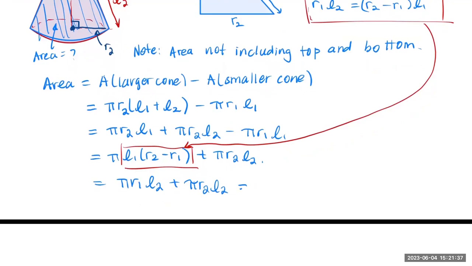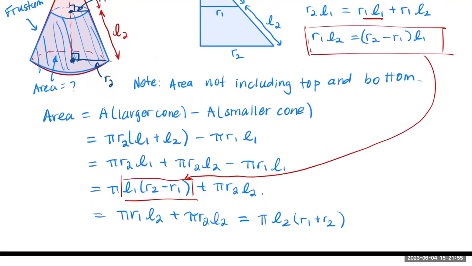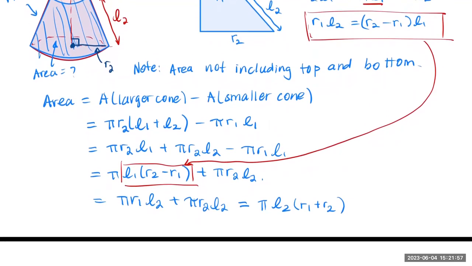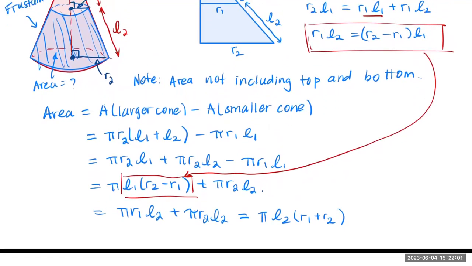And if we common factor things out, we get pi, so we have R1, L2. So L2 is common, and then we just add up the radii. If I did that right. Okay, so here.